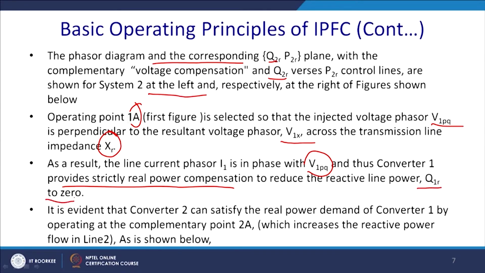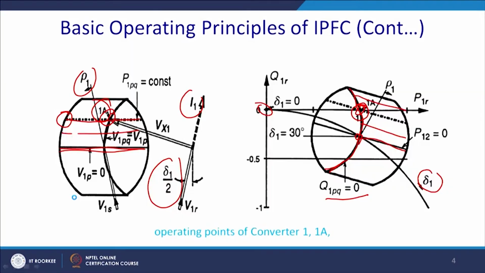So, this is the way of operating. Please go back to the 1, then only you will understand. This is the case. So, ultimately it will inject the voltage in this way. What happened here, this line corresponds to the 0 value of PQ, and ultimately the point will be shifted here.